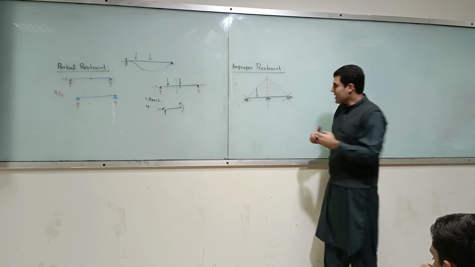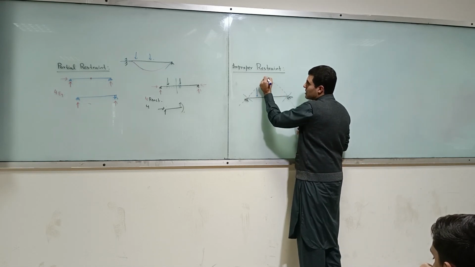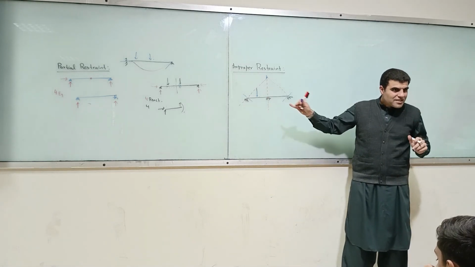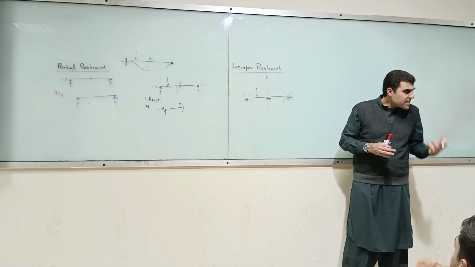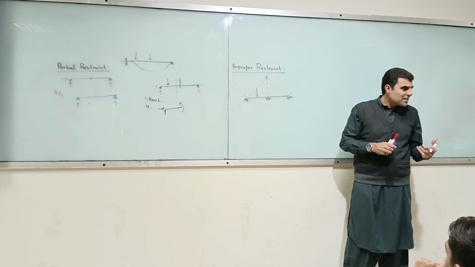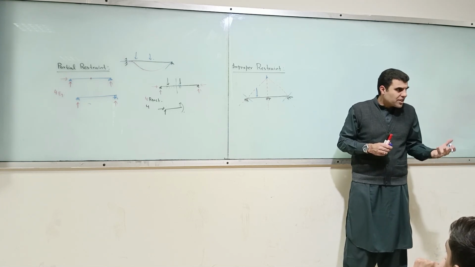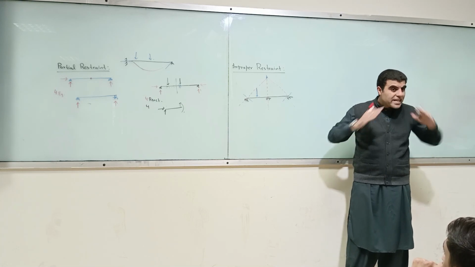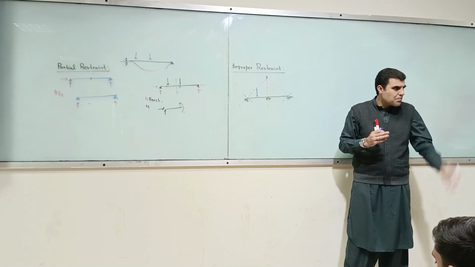So whatever resultant you have will have 0 lever arm. That means your reactions won't satisfy which equation? The moment equation. So you must make sure that your supports don't all meet at the same point.